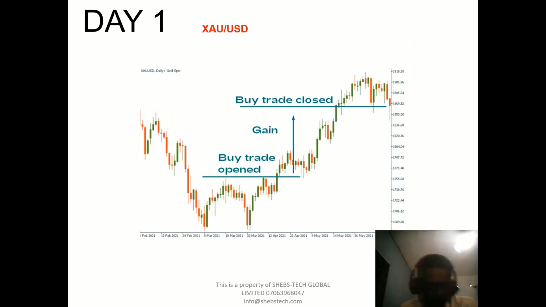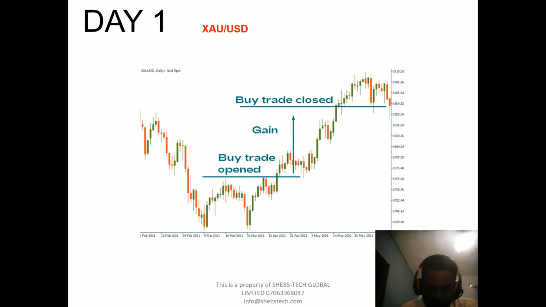Now let's look at this chart. I'm using gold as an example here. Gold is a commodity. When you trade the commodity gold, this is the currency pair for gold: XAU versus US dollar.